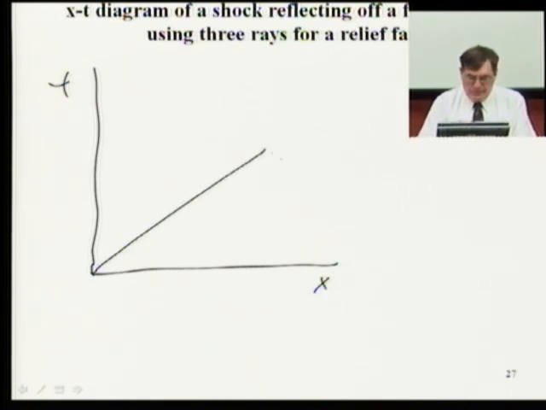Okay, now sometimes we have what's called a free surface. So if we have an XT diagram and we have a shock coming into this material and there's a free surface here, it means a vacuum over here. A lot of times even air would be equivalent.